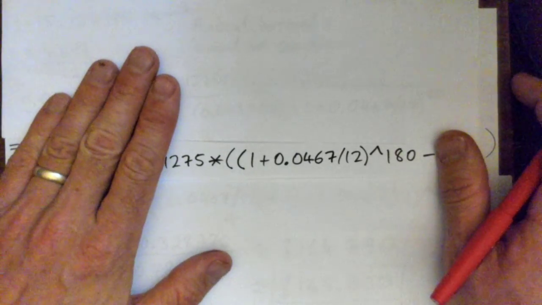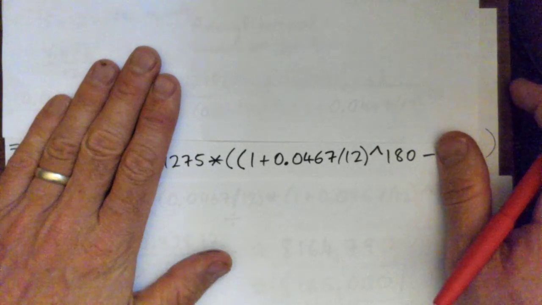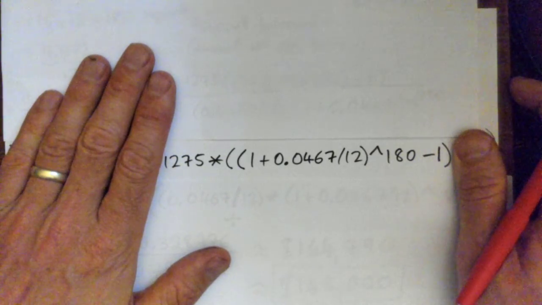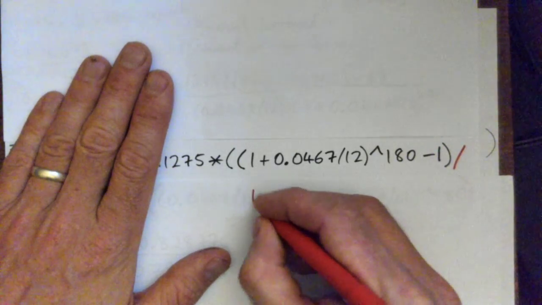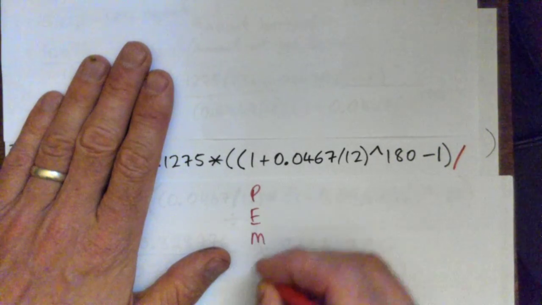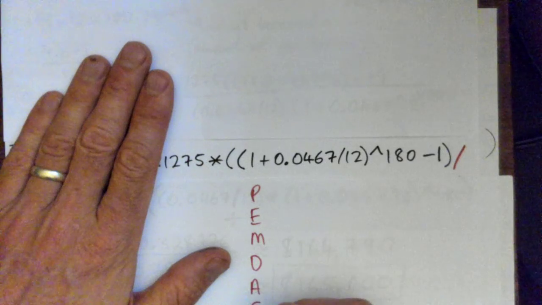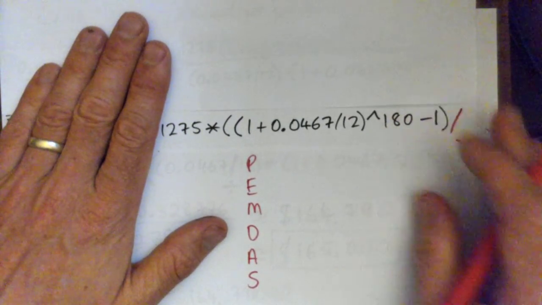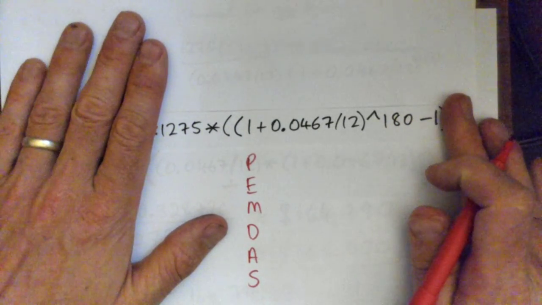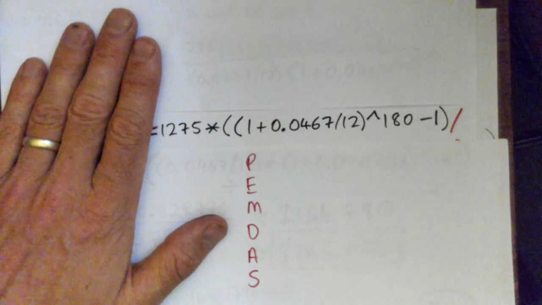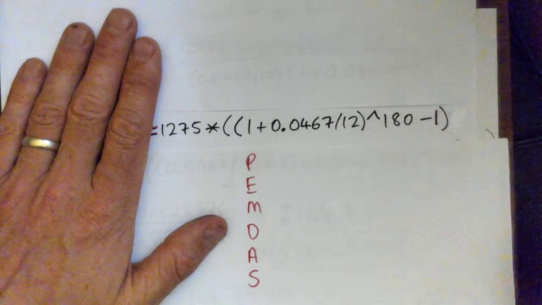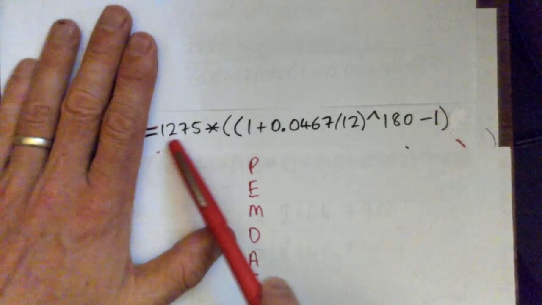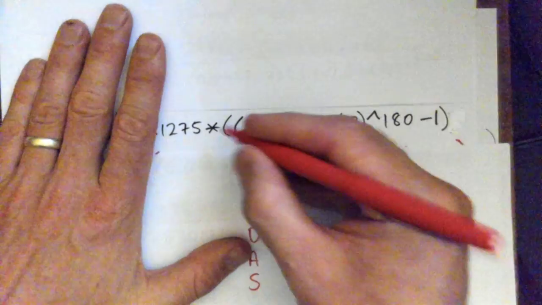But in any case, the cool thing about this is that it's just learning how to input something into a spreadsheet or a calculator and recognizing that your calculator or your computer understands the order of operations, right? I'm just doing the top line, for example, of this calculation. It's going to come along and go, okay, we've got parentheses.